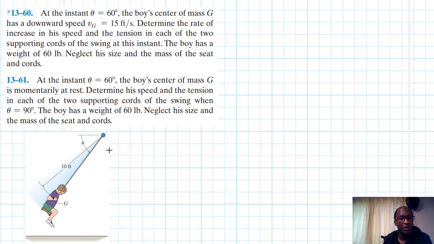Momentarily, the boy on the swing is at rest at theta equals 60 degrees, and later on it moves to 90 degrees. So the angle that he covers is 30 degrees, because if this is 60 and this one is 90, then 90 minus 60 is 30.